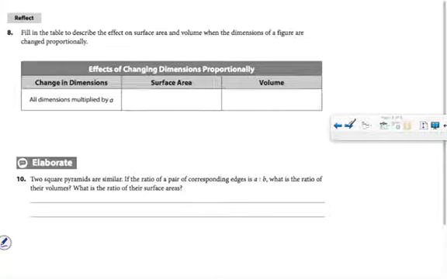Again, in this chart, they're summarizing what I just said: if I multiply all of the dimensions of a solid by a, then the surface area would get multiplied by a squared, and the volume would get multiplied by a cubed.